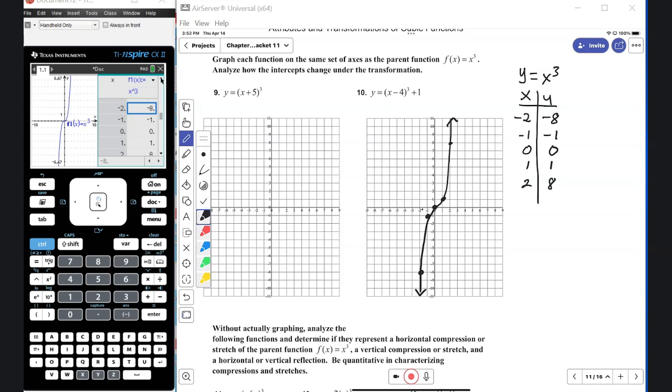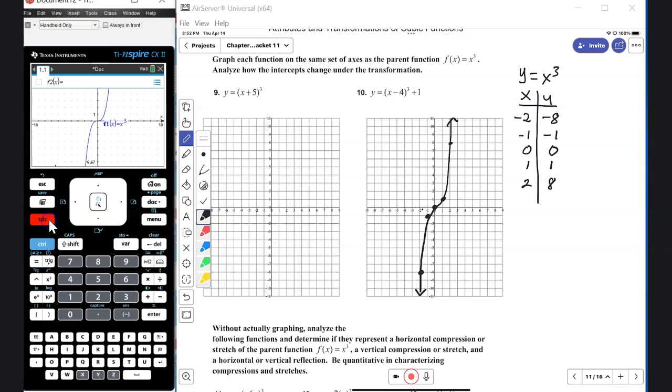Now I'm going to graph this function, which is (x minus 4) cubed plus 1. Remember, in our lesson for transformations, the -4 is going to shift it to the right 4 units, and the +1 is going to shift it up. So go to tab. In this case, it's going to the table here. Let's press menu and remove the table.